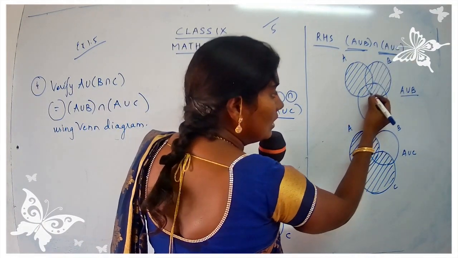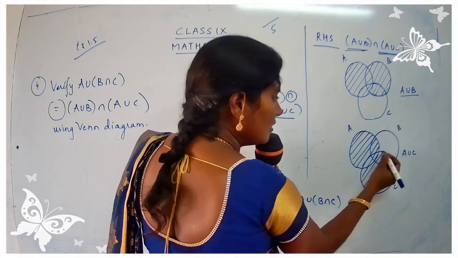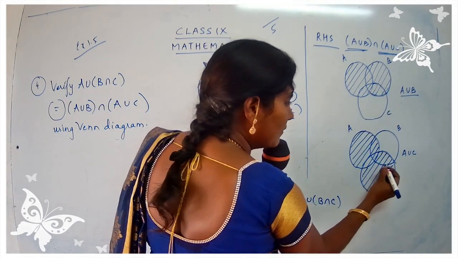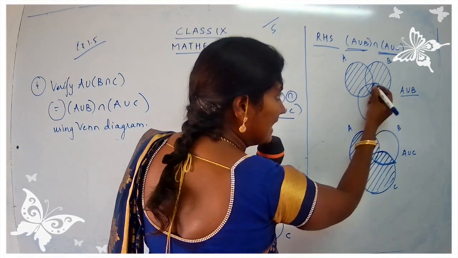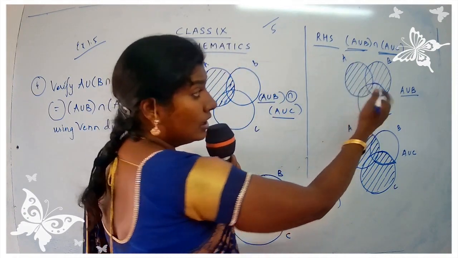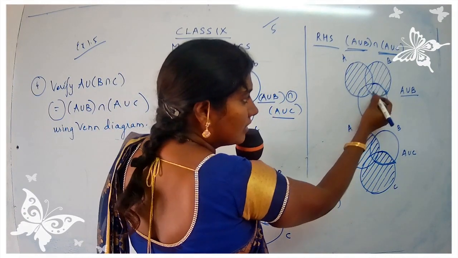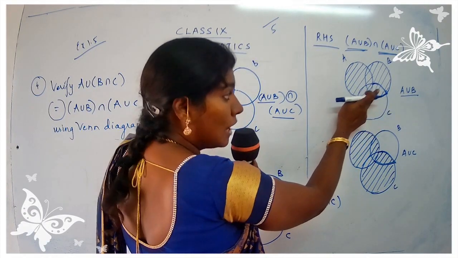So in B, only this area is shaded. Just see carefully, this area and this area is shaded commonly. I hope you are able to see the highlighted part. So from A fully it was shaded, but from B only this part. Can you see the part, children? Yes, the common part is shaded.